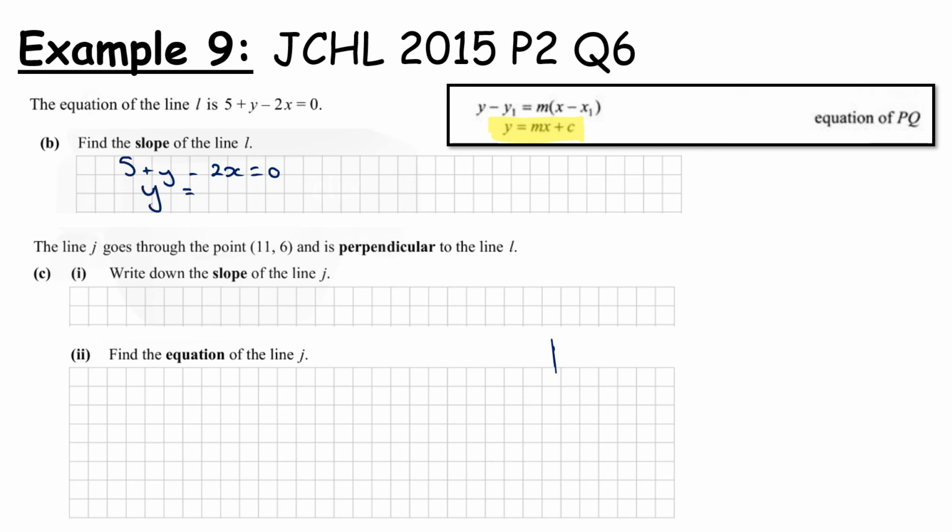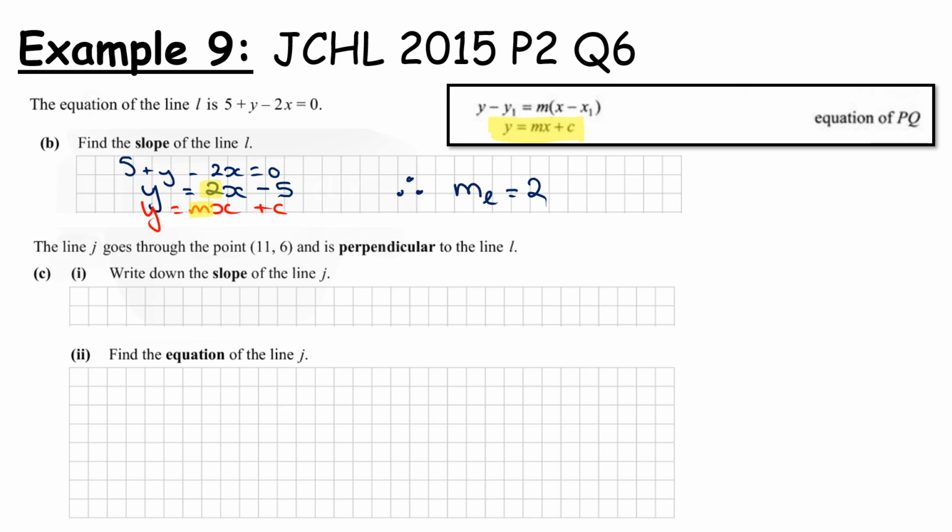I get y is equal to, adding 2x to both sides and subtracting 5 from both sides, y is equal to 2x minus 5. Therefore, the slope of L is equal to 2. Remember, y equals mx plus c. I'm looking specifically for the slope, so the m, and that is the coefficient of the x.